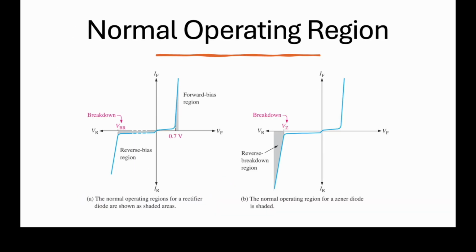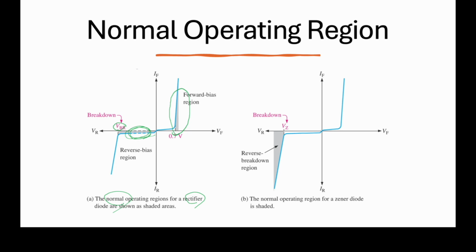So now let's compare the operation between the normal diode and the Zener diode. In a normal diode, we know it only works in the forward bias region, and before the breakdown voltage it makes no current flow inside that particular diode. So the normal diode usually works as a rectifier.